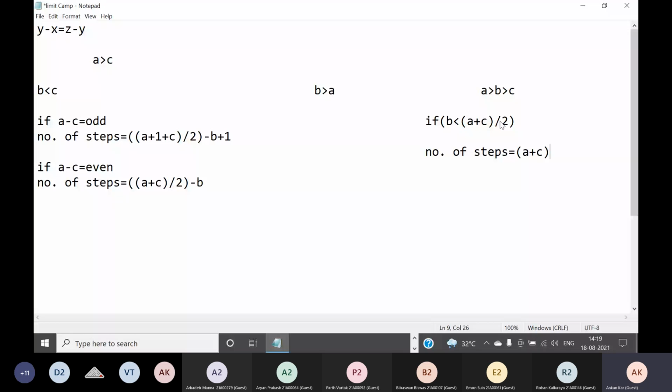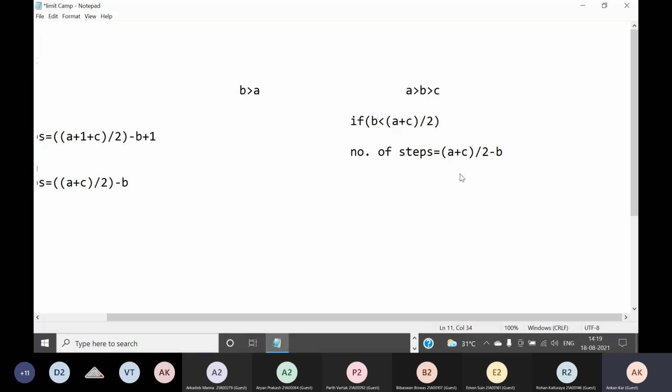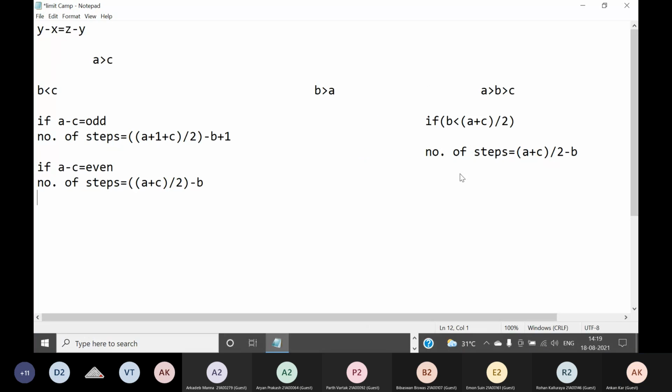And for the other one, you are just going to increase a by 1. Like, if b is greater than (a plus c) by 2.